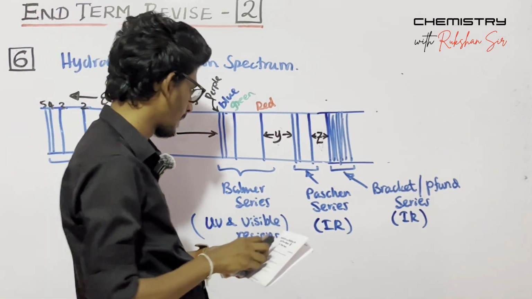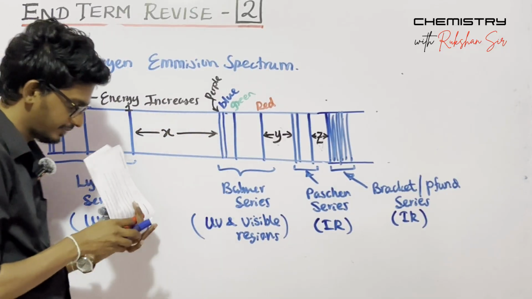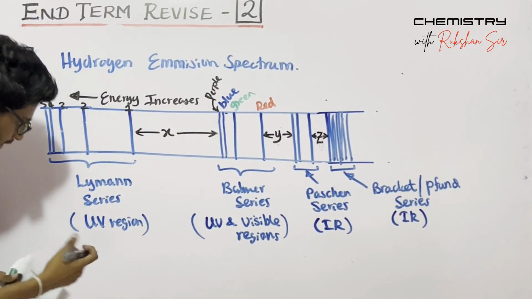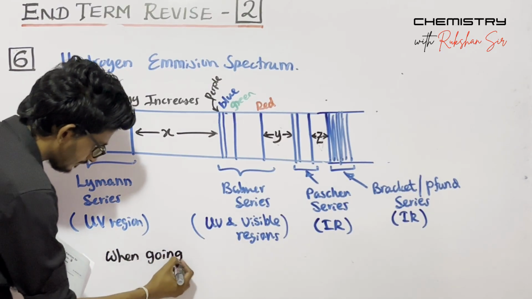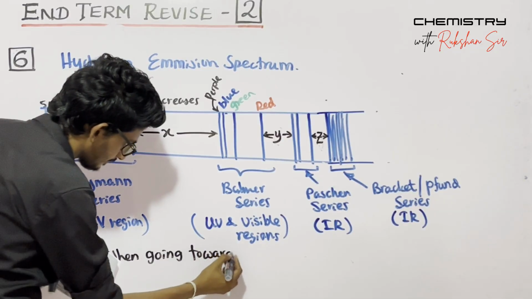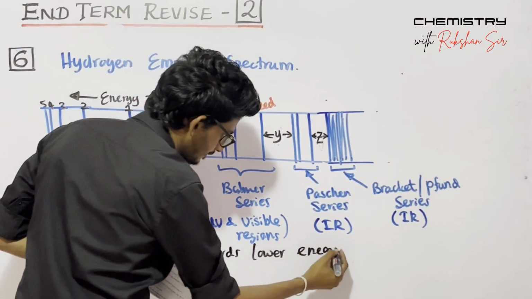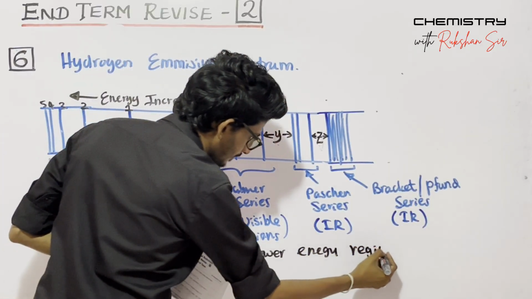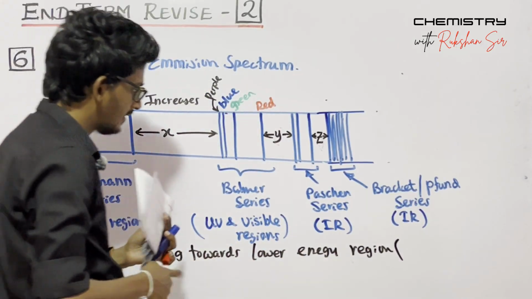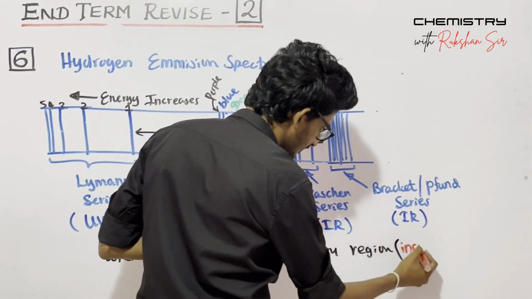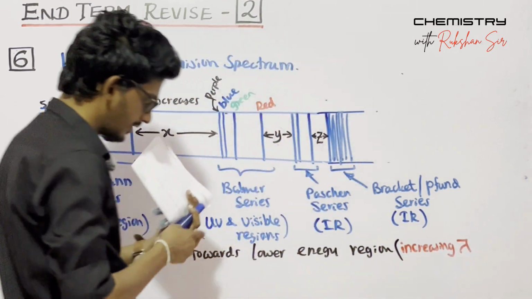So we can say that going towards lower energy regions means an increase in lambda, increasing wavelength.